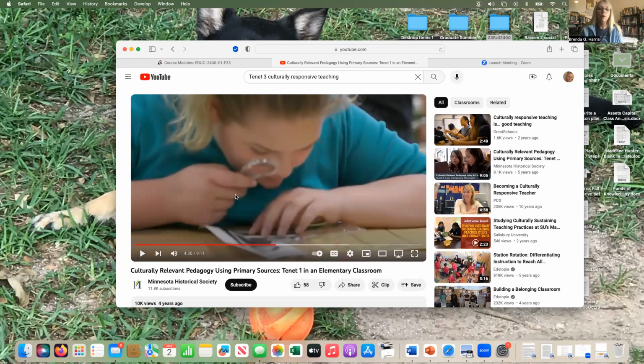Okay, so you can see how this really brings together so nicely Ladson-Billings' 3 principles of higher academic achievement. They're doing higher order learning skills all day long.